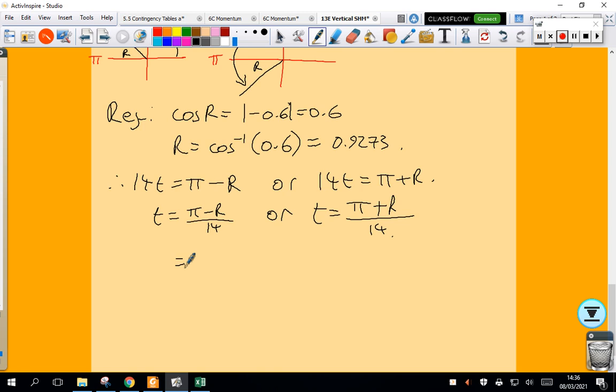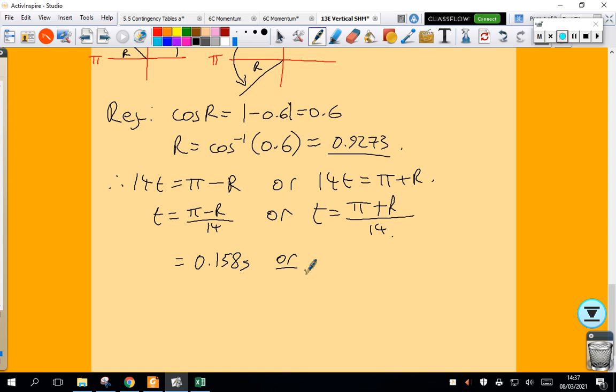So pi minus that number divided by 14. For the first one, I'm getting 0.158. My units here are seconds.